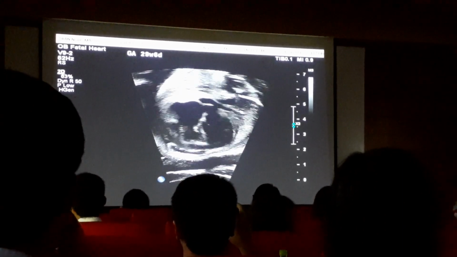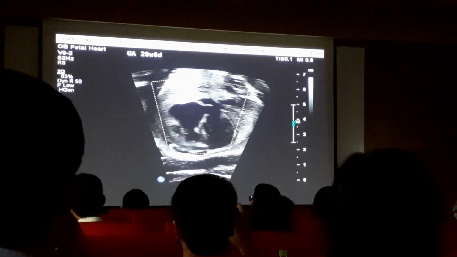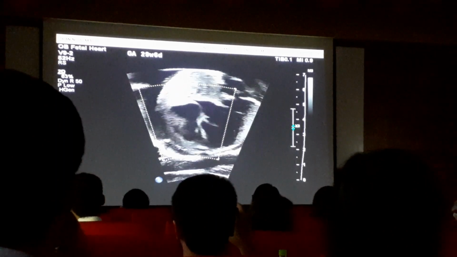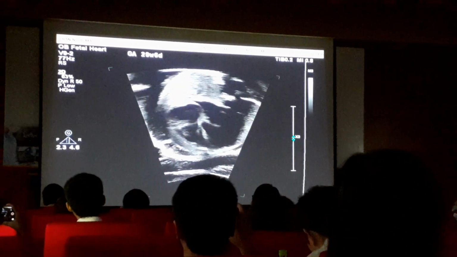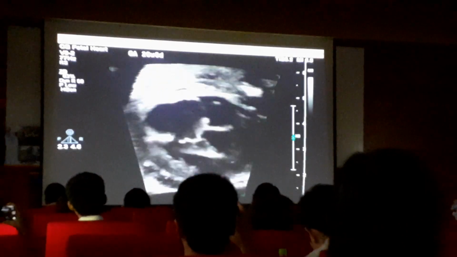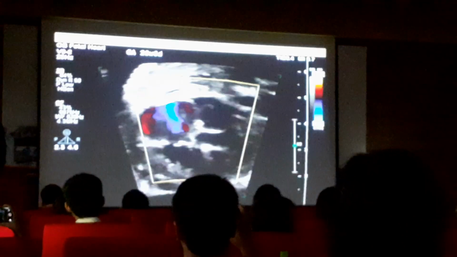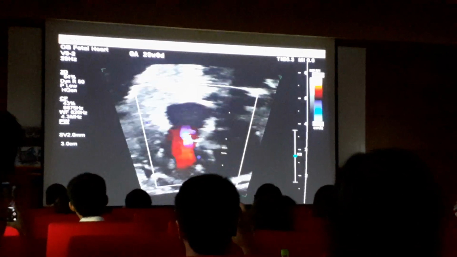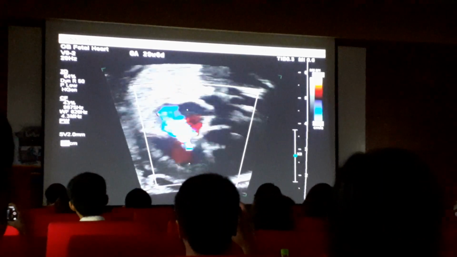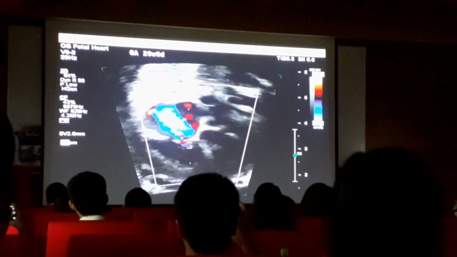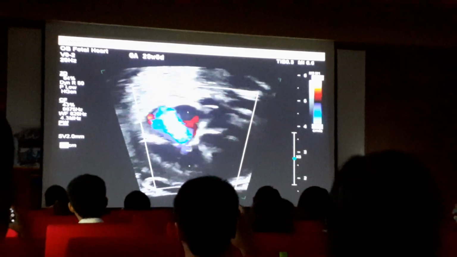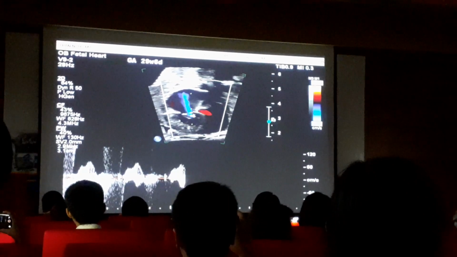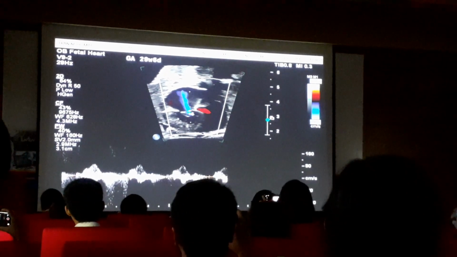So what I would do in that case is do what I can to make my image as good as possible, put the color back on, and then see if I can measure peak velocity of this tricuspid regurgitation just with PW, which sometimes is possible. Using the Doppler zoom first, sometimes if the velocity isn't too high, we can measure it.